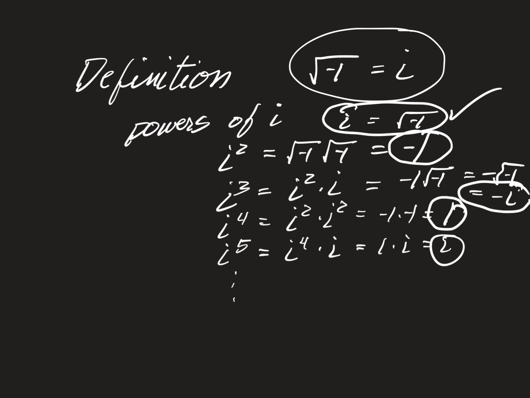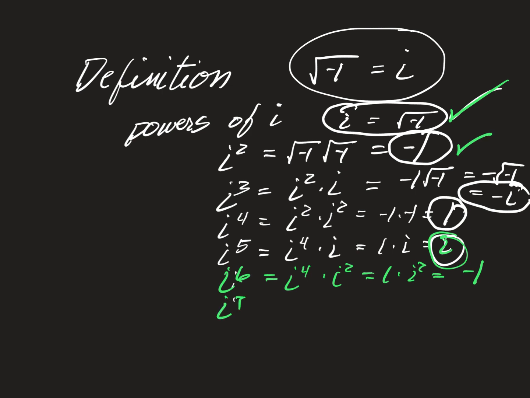That's back at the beginning, what we started with. Well, if we go to i to the sixth, that's i to the fourth times i squared, which is 1 times i squared, which is just -1. Oh, that's i squared. That's the second part.